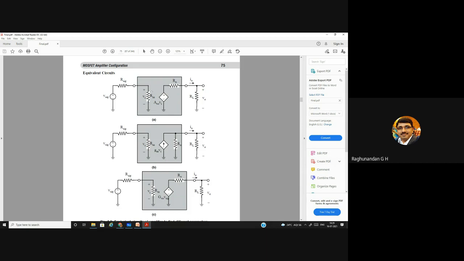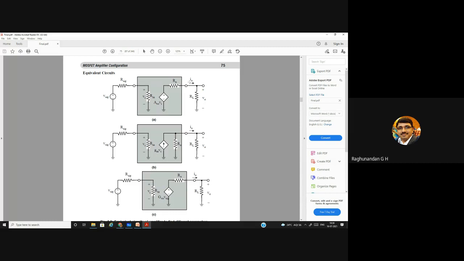As I wrote in the diagram, the input resistance Rin will be acting in parallel with respect to Rsig, and across that we will have the input voltage. Since we have considered the common source configuration, the output will be collected across the drain. Whenever you give the input, it will be very small, and when you consider the output, it will be high.